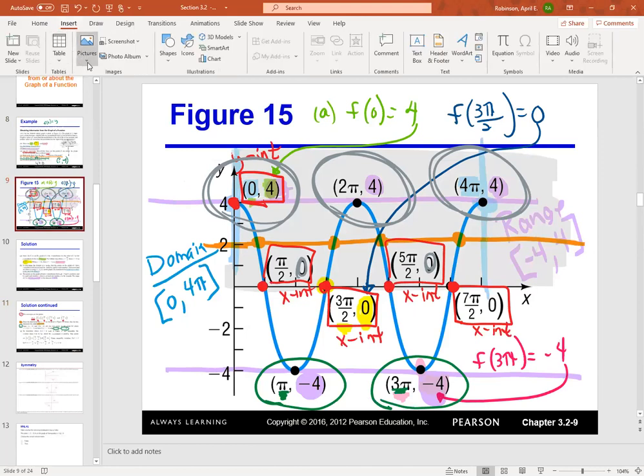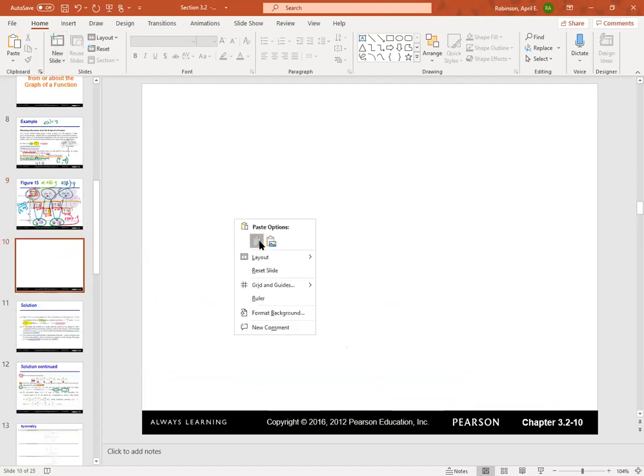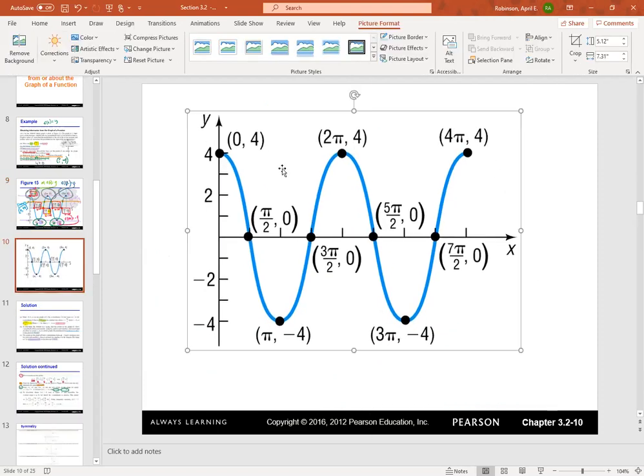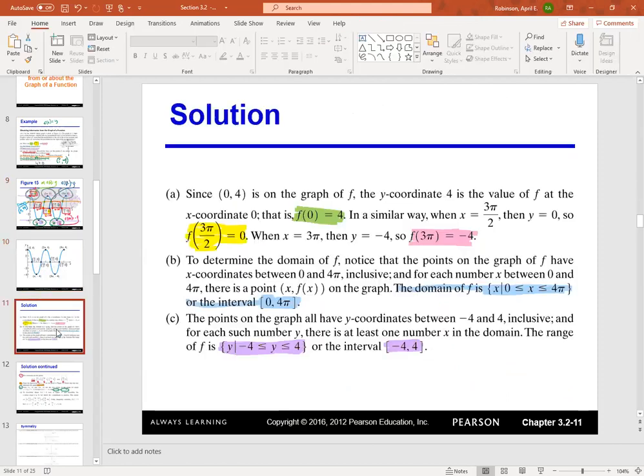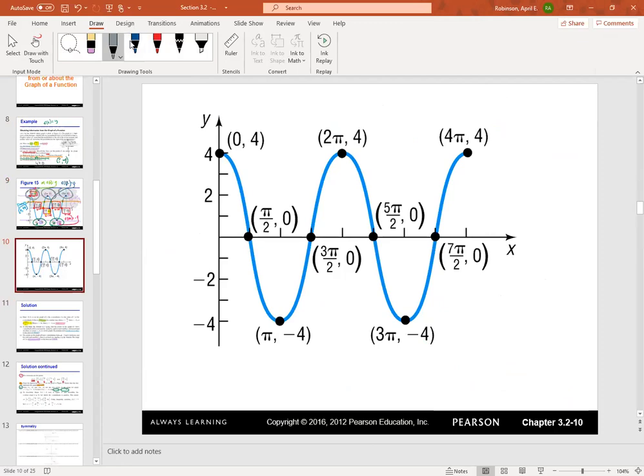Hang on a minute. Okay, I need a blank graph for this. This is going to be part G, okay. G, this is part G.